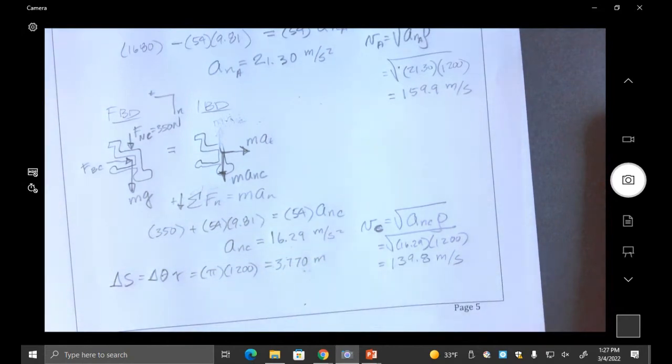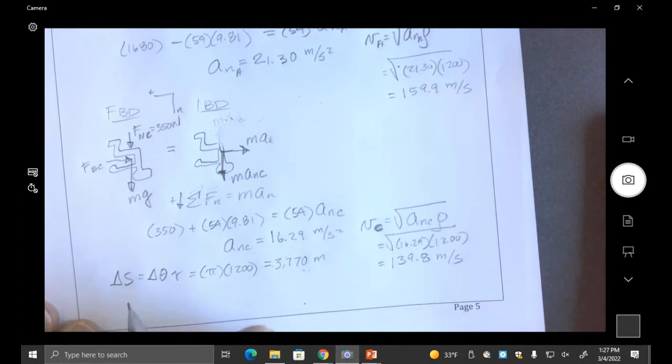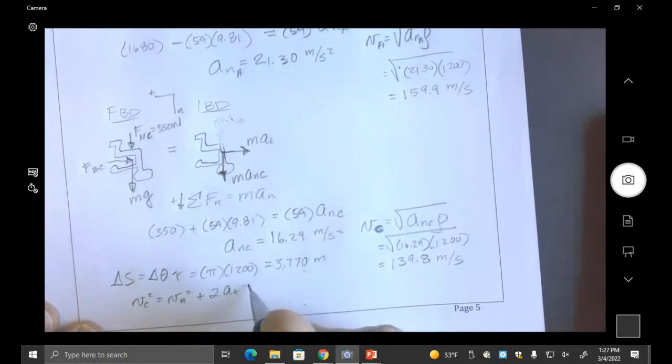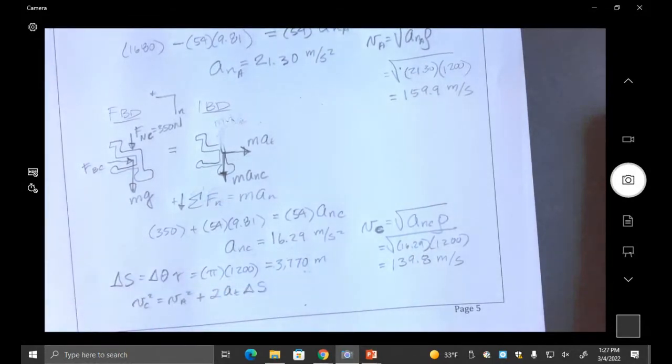So we go back to constant acceleration kinematics, and we say V, let's label it C, squared is equal to VA squared plus 2 times the tangential acceleration times the change in position, which is along a curve.